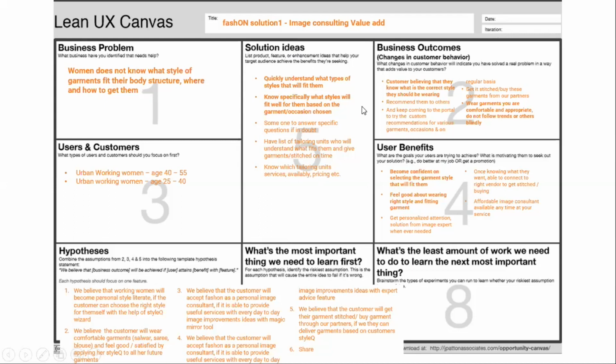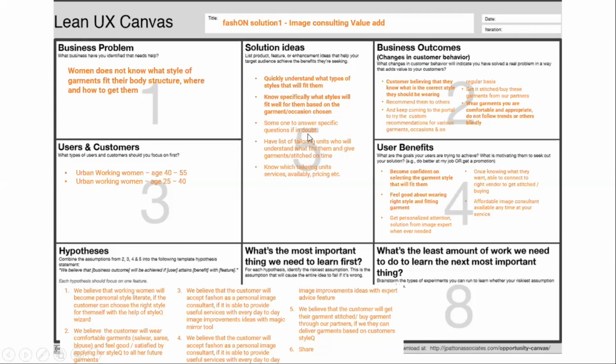Now, based on these three things, you have to list down the features you're going to develop to help them achieve their goals. In this case, it says quickly understand what types of styles will fit them. List products, features, or enhancement ideas that will help your target audience achieve the benefits they are seeking. So they should be able to quickly understand what types of styles will fit them.